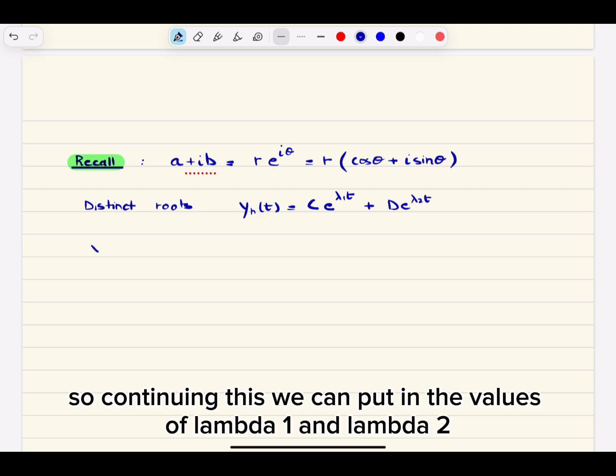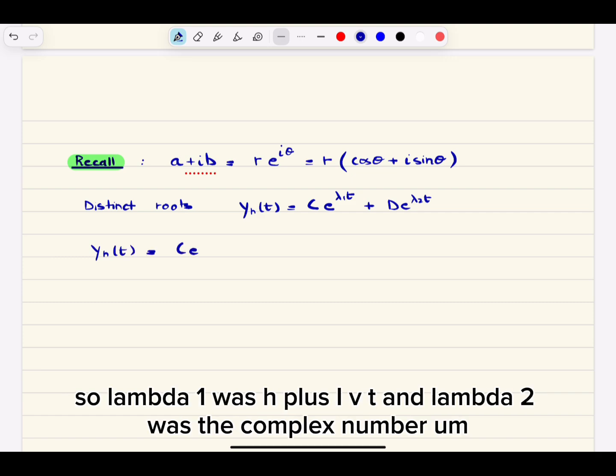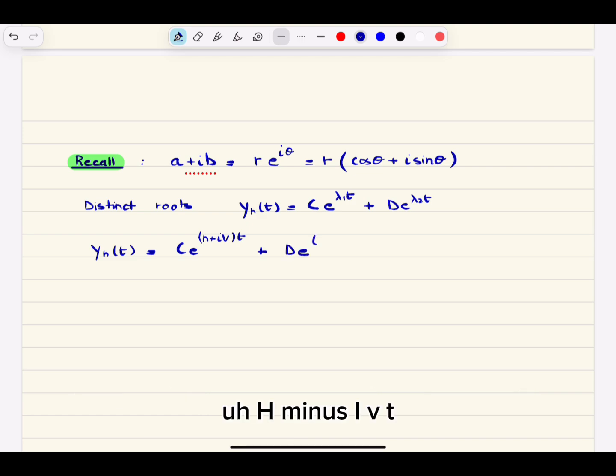So continuing this, we can put in the values of λ1 and λ2. λ1 was h plus i v t, and λ2 was the complex number h minus i v t.